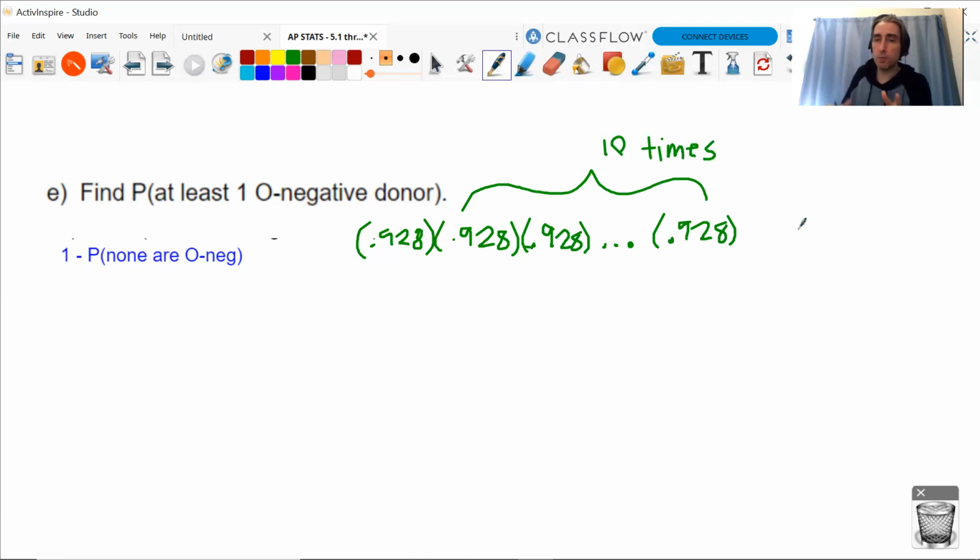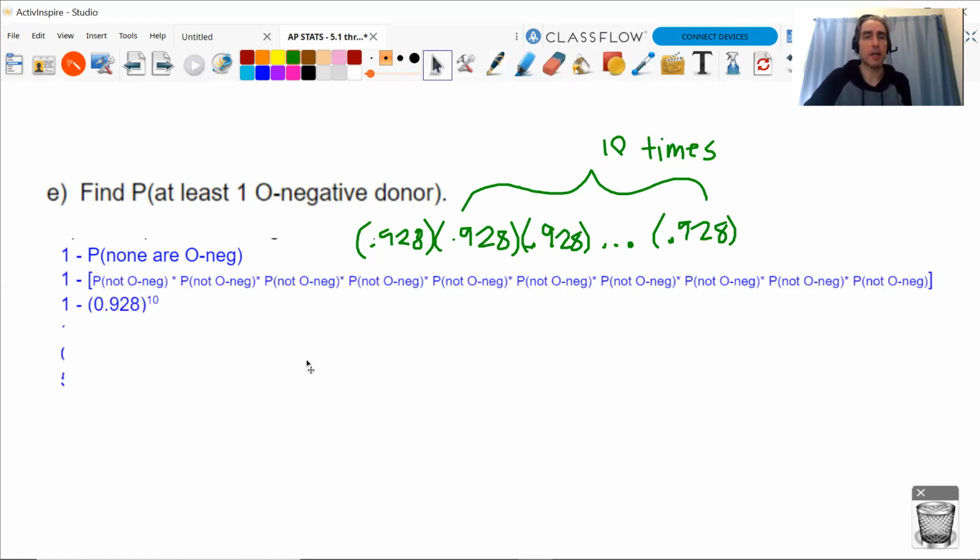I should warn you that these numbers are independent of each other. One person coming in does not affect the probability that the next person coming in is not going to have O negative blood. So there's an easier way than multiplying by itself 10 times, and that's using exponents. So we say 0.928 to the 10th power. We subtract that from 1, and that'll give you 52.6%.